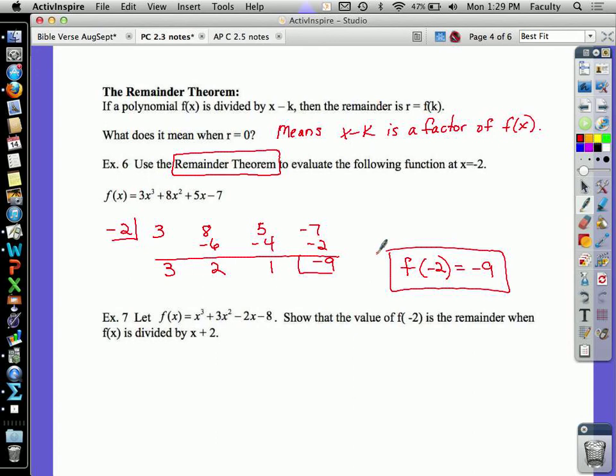All right, in example 7, it says let f of x equal x cubed plus 3x squared minus 2x minus 8. Show that the value of f of negative 2 is the remainder when f of x is divided by x plus 2. So the first thing we're going to do is the synthetic division.